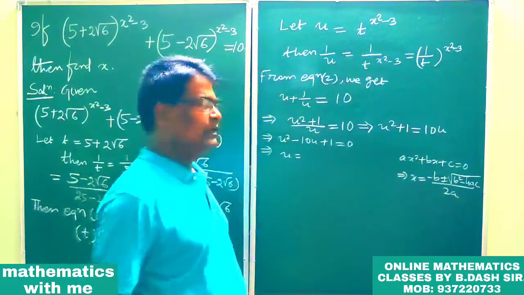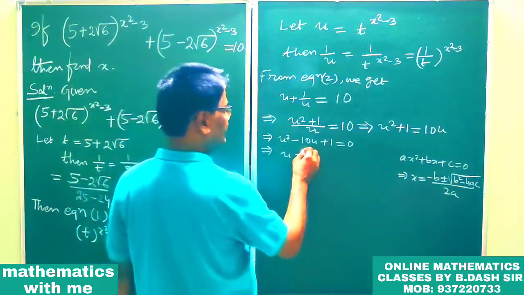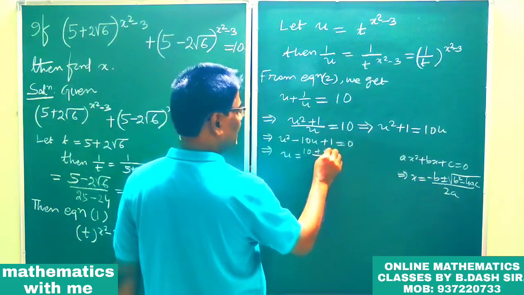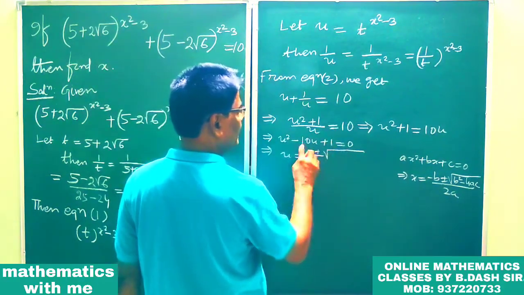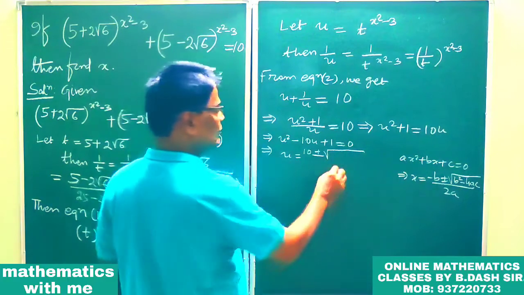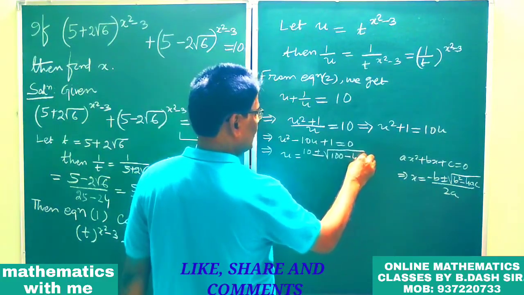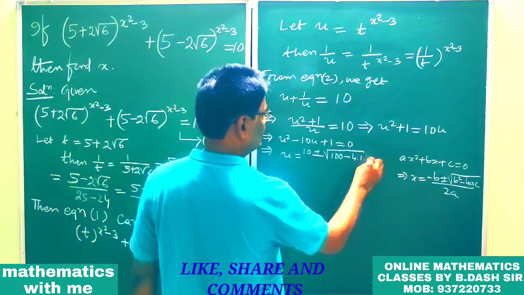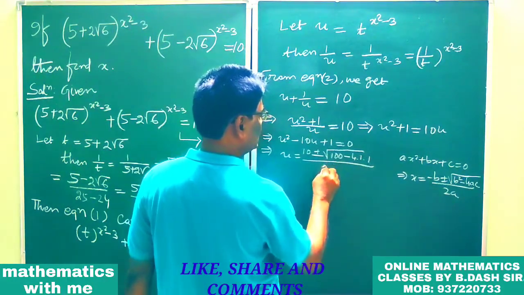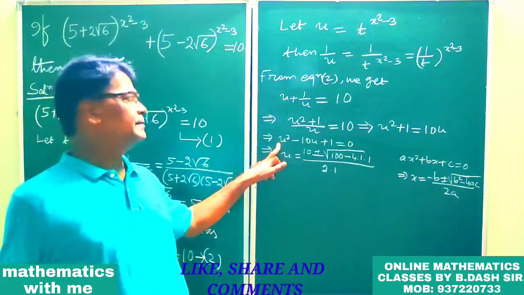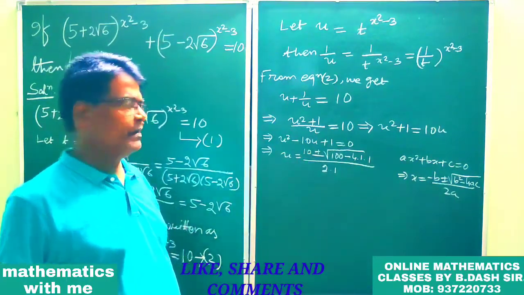Okay. So here it will be minus of minus 10, that is 10, plus minus root over of b square, minus 10 square is 100, minus 4ac, by 2a. So here a is 1, b is minus 10, c is 1.